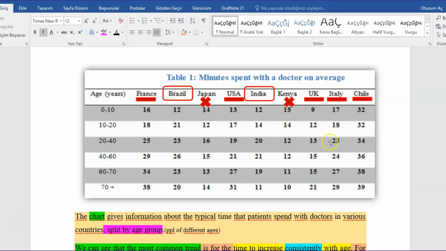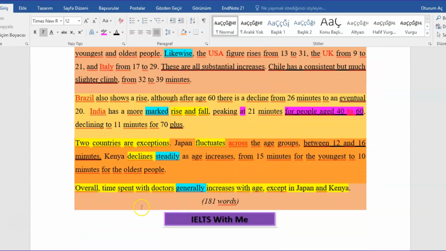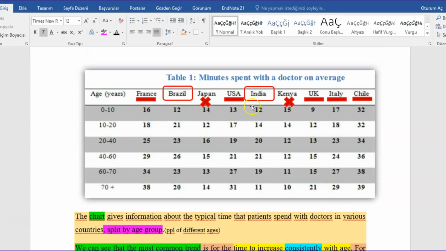And at the end, to sum up, time spent with doctors generally increases with age, except in Japan and Kenya, which had a decrease pattern, from 16 to 14, from 15 to 10.